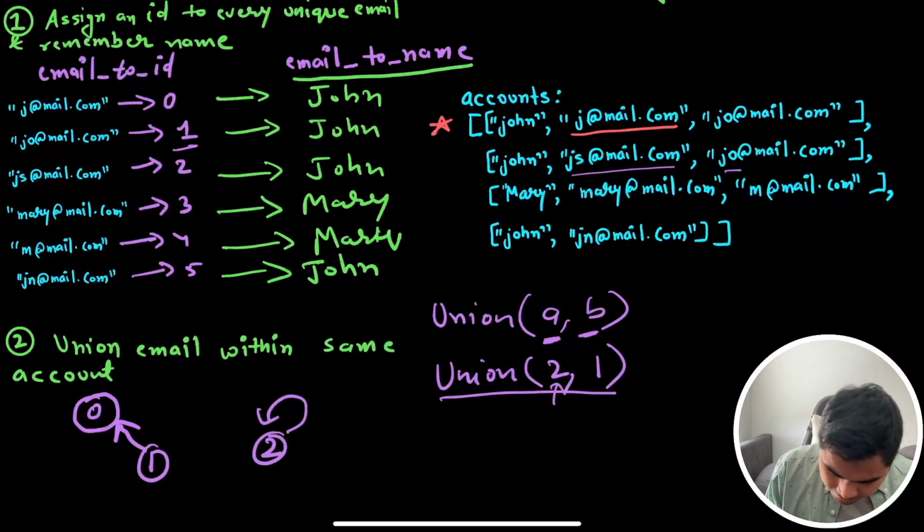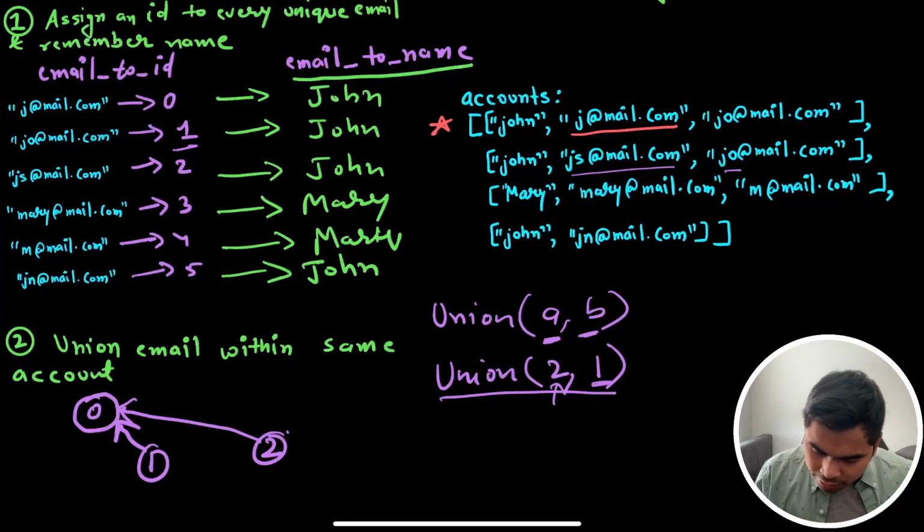Right now 2's parent is itself. 1's parent is 0. So it will assign 2's parent to 0, because 1's parent 0 is already part of the graph. It already exists. So what it'll do is assign 2's parent to 0 right here, like this.